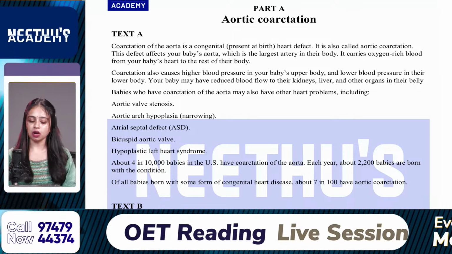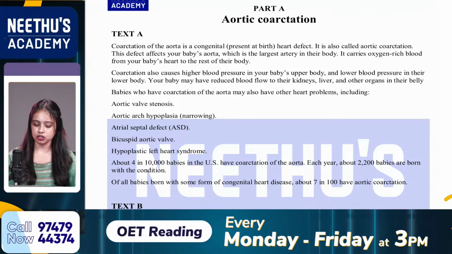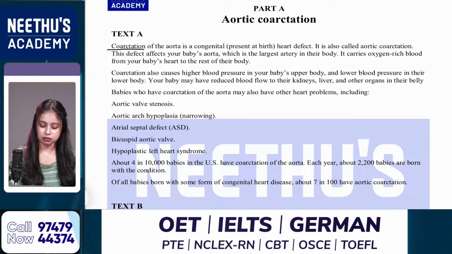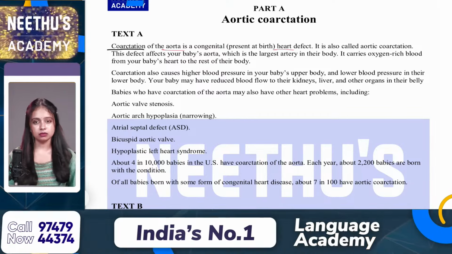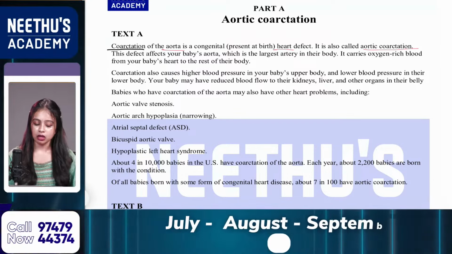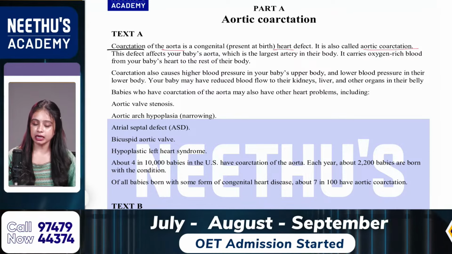So coarctation of the aorta is a congenital heart defect. My keywords: the name of the condition, as well as heart. Then it is also called aortic coarctation. This defect affects your baby's aorta, which is the largest artery in their body.